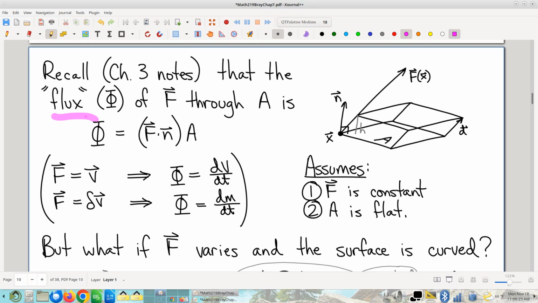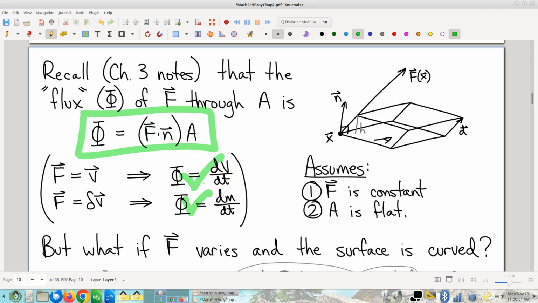And the big idea is that flux is this expression. Why do we care about this expression? Well, because it tells us how much fluid per unit time is moving through your surface. And depending on how you set up your vector field, it's either going to tell you volume per unit time or quantity per unit time, whatever.